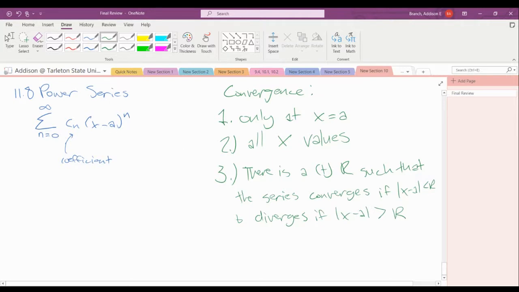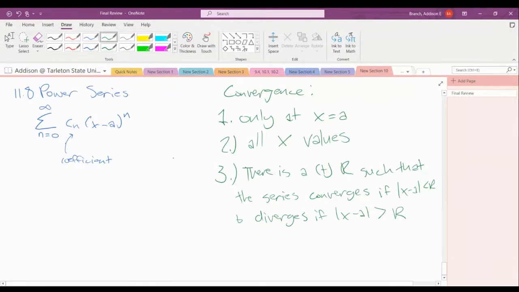Whenever we talk about power series, we can think of it as a series centered around some number a. Essentially what this is saying is it may converge up to some R value away from a. Once you get past that distance of R, it'll diverge.